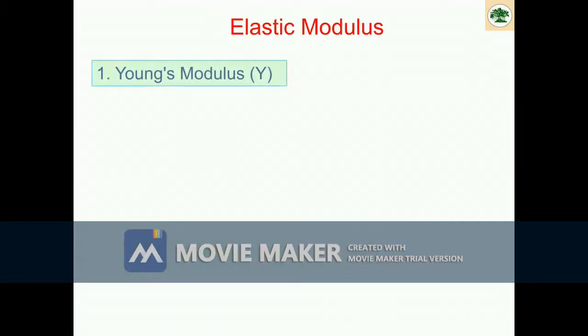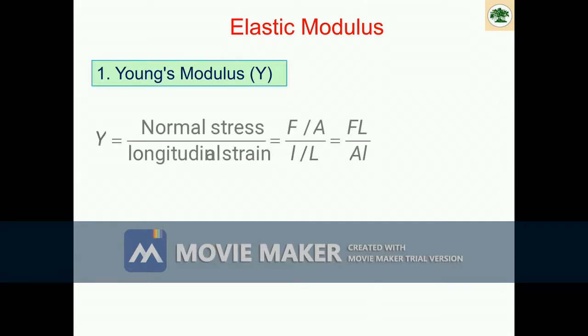Now the elastic moduli are the constants obtained from the stress and strain ratio. The first constant is Young's modulus. It is denoted by the letter Y and it is the ratio of longitudinal stress to longitudinal strain.